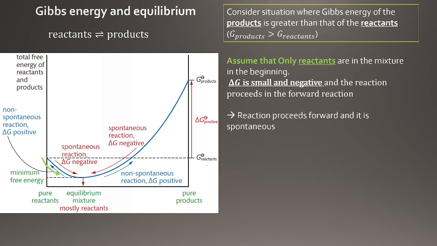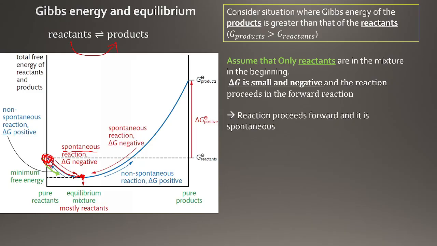So just like before, if we start from a case where we have only reactants, the Gibbs energy is something, but when the equilibrium starts to form, it forms because nature can minimize the Gibbs energy, and this is again going to be a spontaneous reaction, and we find that sweet spot.